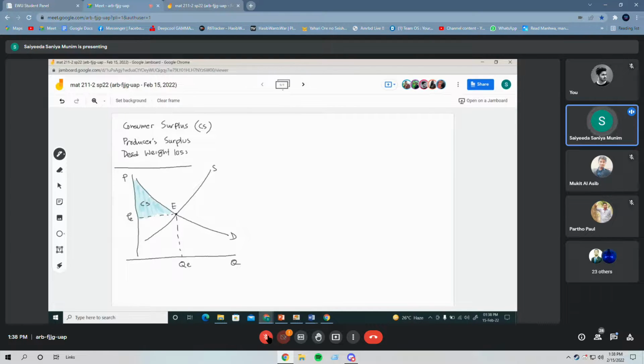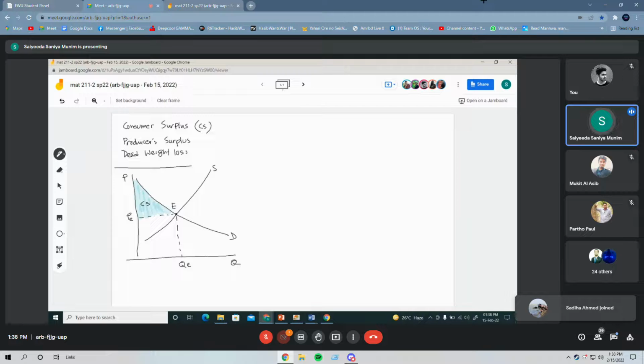Now, why are we calling this consumer surplus? Consumer surplus is what you are willing to pay minus what you are actually paying. Suppose you want to buy a book. You are willing to pay 250 taka, but ultimately you end up paying 200 taka. That gives you 50 taka of consumer surplus.